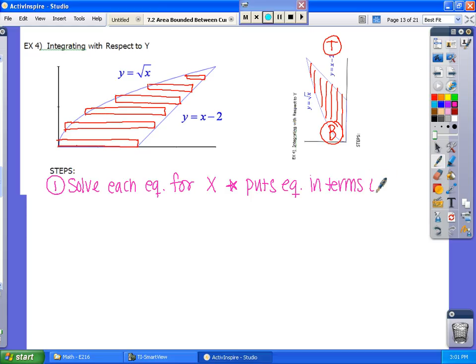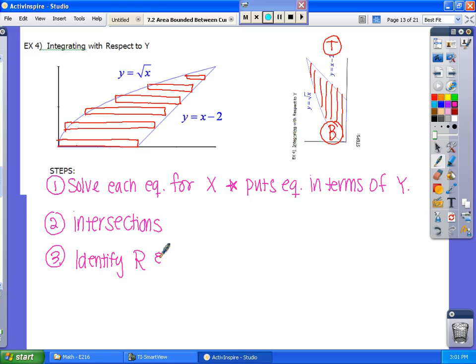Step 2 is when you go back into what we were looking at. Step 2 would be find your intersections. Step 3, we would identify right and left functions. Right is our largest and left is our smallest, and that's why we do right and left instead of top and bottom.